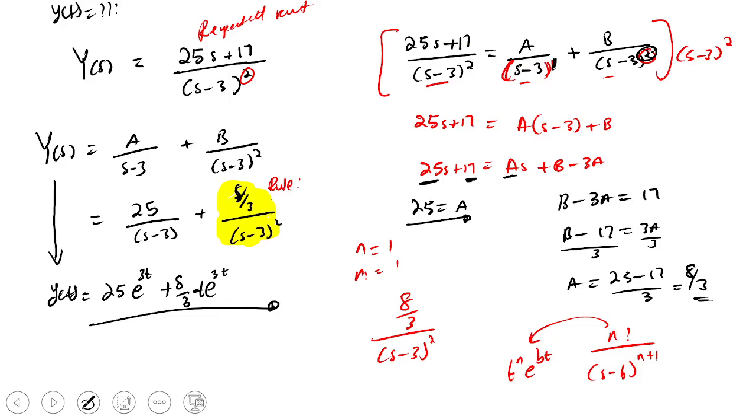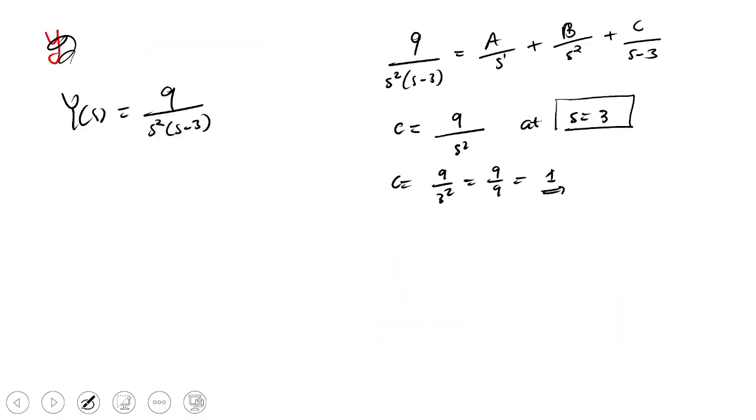In this case, we have a combination of repeated roots and a linear factor, which is s minus 3. The reason I started with c is because c is a linear factor. Did I answer you?